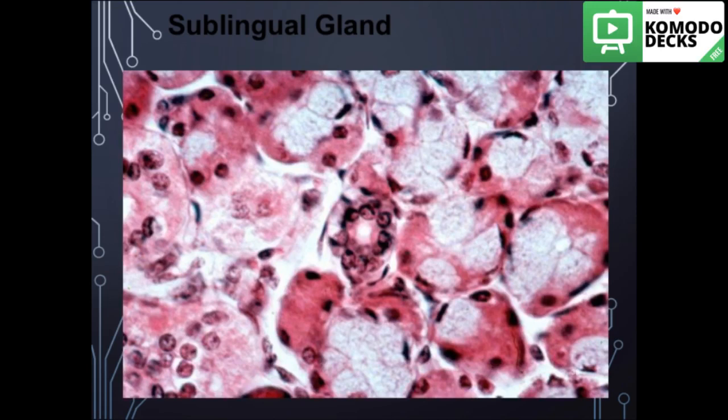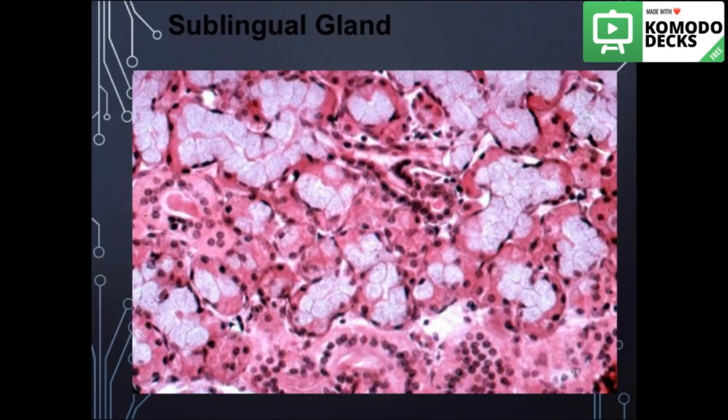It is obvious the serous demilunes around the mucus cells. Also, we can see the corners of the image, the striated ducts, and in the center. Again, the clusters of mucus cells, serous demilunes, and the striated duct system.